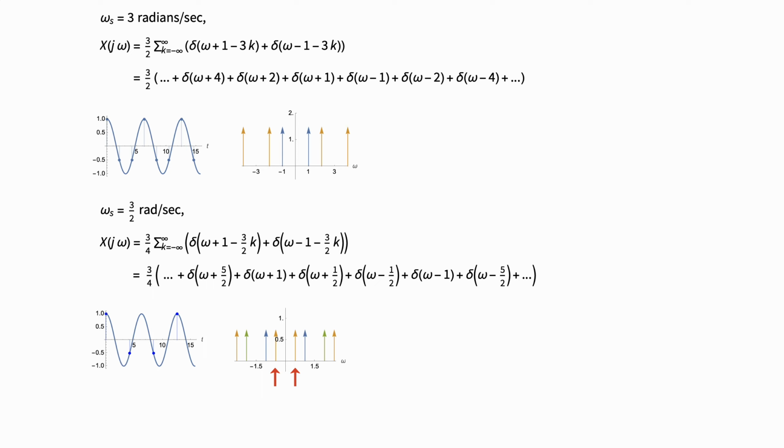For example, the original frequency omega may now manifest itself as frequency omega s minus omega, which is smaller than omega. This is what we call an alias, and the frequency omega s minus omega is called the apparent frequency. For this example, as you can see, we have aliases at frequencies 1/2 and negative 1/2.